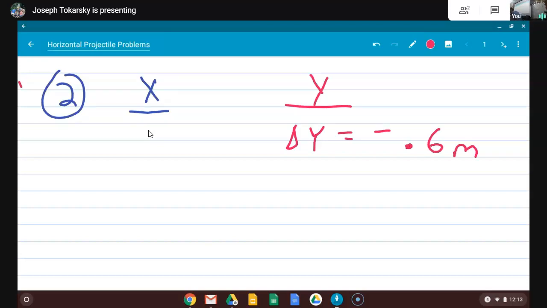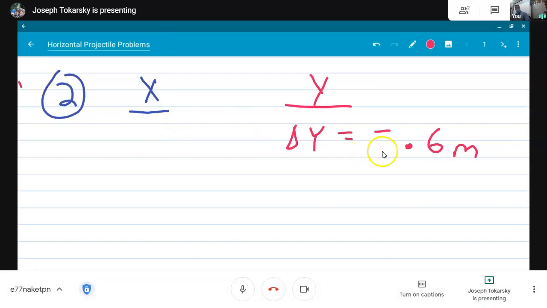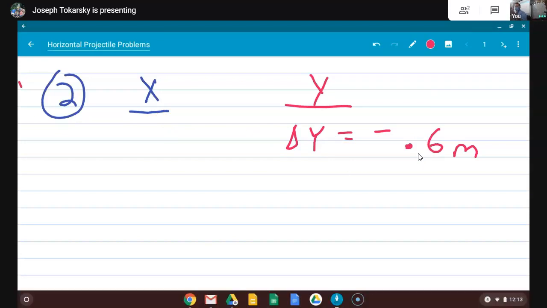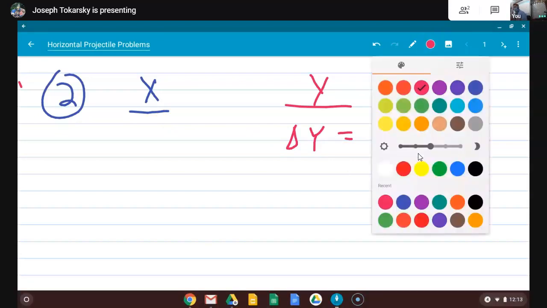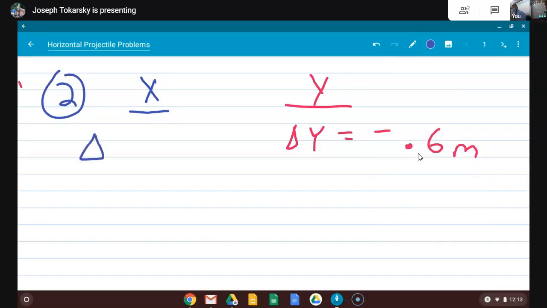And then it says, and 0.4 meters away from it. Well, obviously, since we've already determined this is delta y, 0.4 meters has to be what, guys? Delta x, right? How far away horizontally?